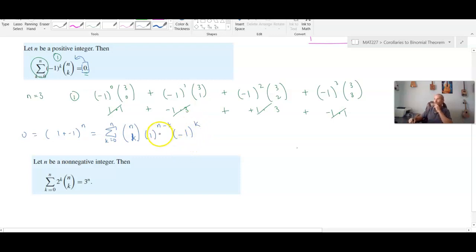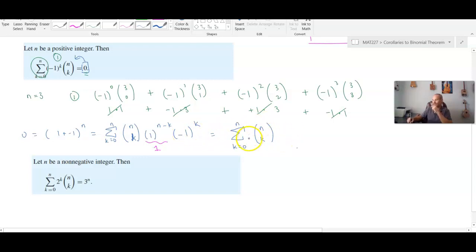Ah, there it is. All right, so 1 raised to any power is going to equal 1. That's always going to be a 1 right there. And because it's going to be a factor of 1, I could omit the factor of 1 and just say that this is the sum from k equals 0 up to n of n combination k.